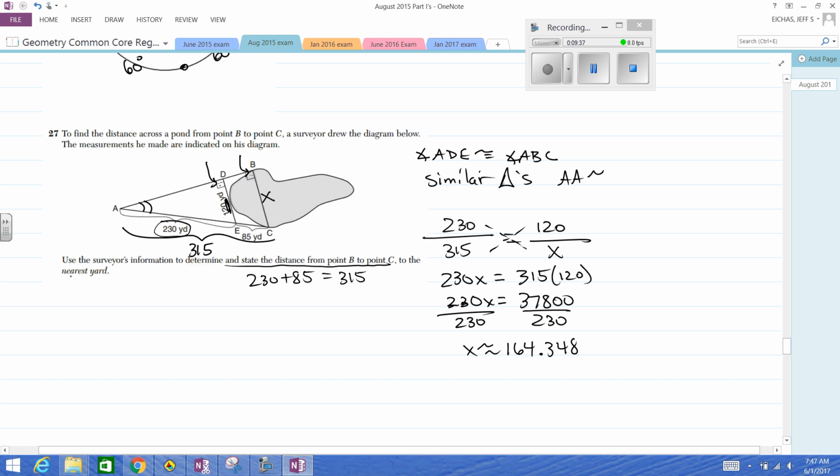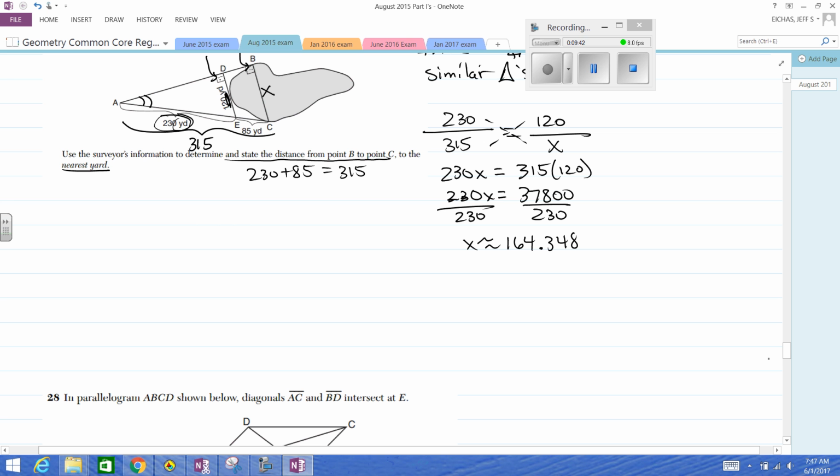Let's check units of measure. It wants yards. These are in yards. All right, no tricks there, so we're good. So about 164 yards to go from B to C.